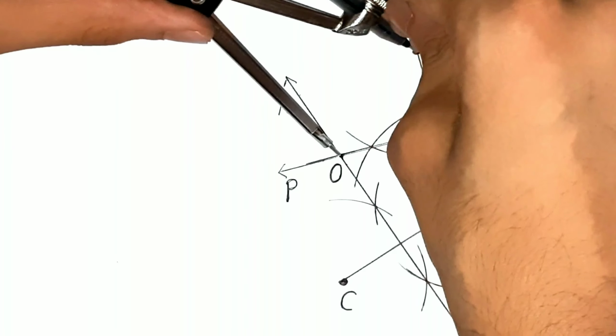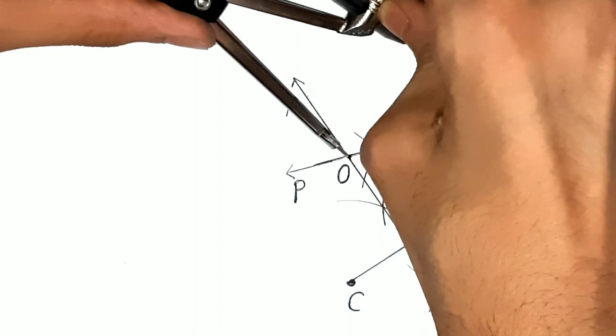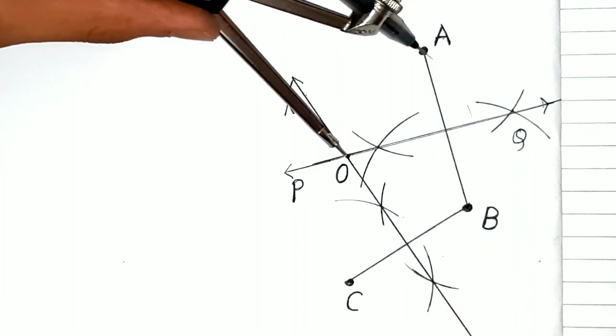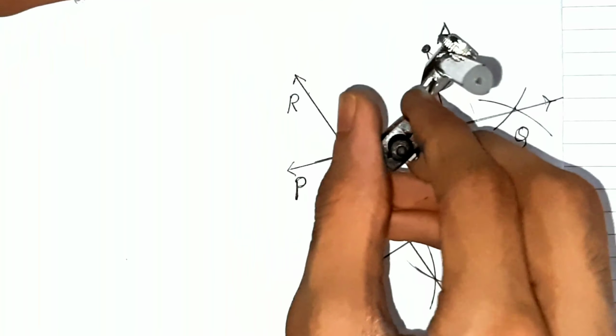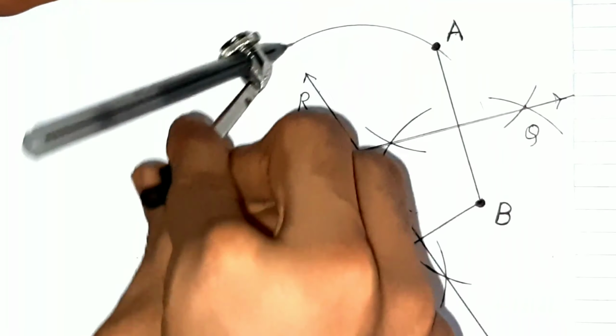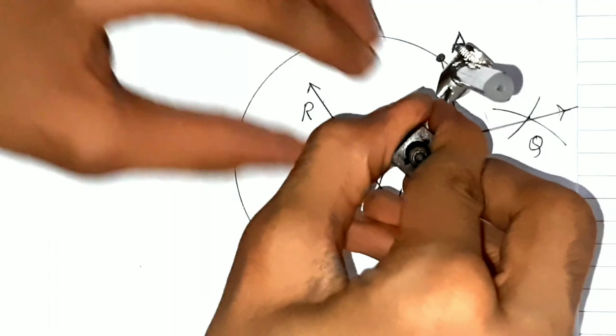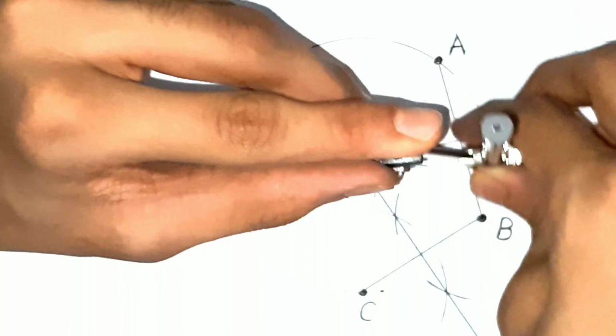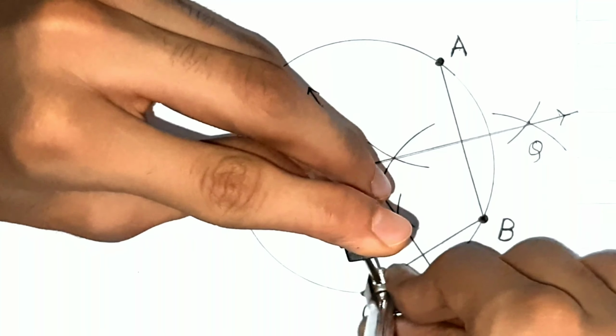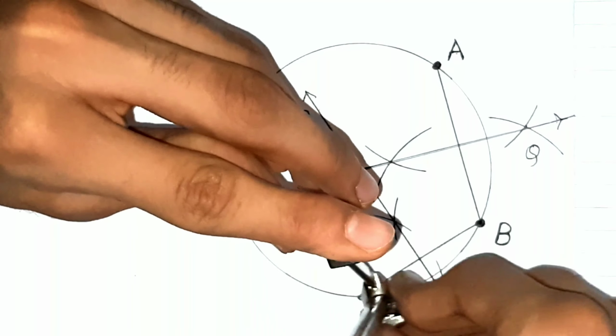All of them would always be equal because that is our radius, and the center is at equal distance from all the 3 points. So here I took the radius as OA, and now I'm drawing a circle. Now as you can see, the circle passes through all the 3 points.